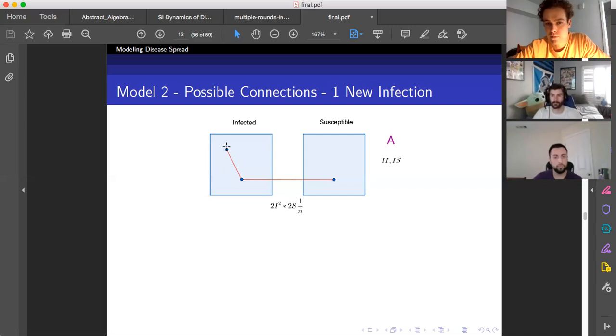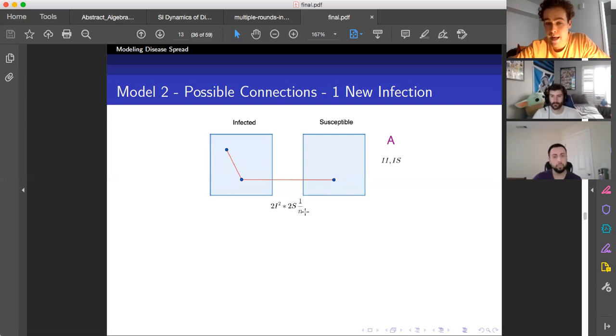So that's representing the first connection here. We have I, that's the probability that I connects with an I, so I squared. And then multiply by 2s, so that's the probability of picking this s node here.